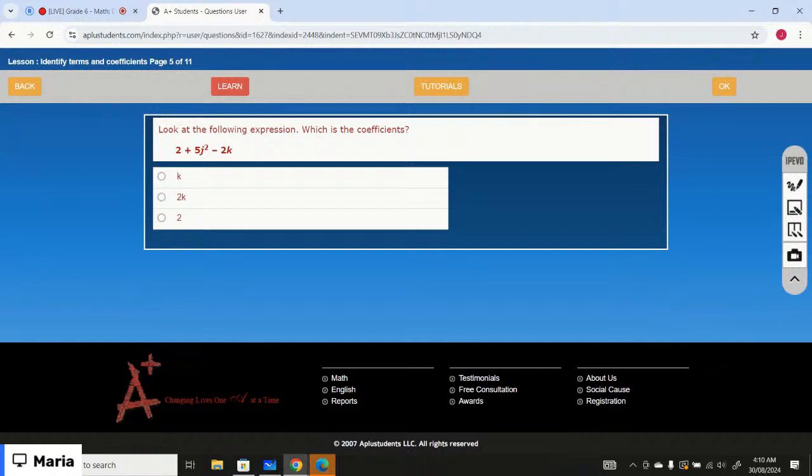Okay, yes, the correct option is 2. The coefficient here is 2, right? Option number 3 is the correct option. Basically, coefficients are the numbers that are written with the variables. Like 5j square, 5 is the coefficient of j. Then you have negative 2k. So 2 is the coefficient of k. So the correct option is 2.